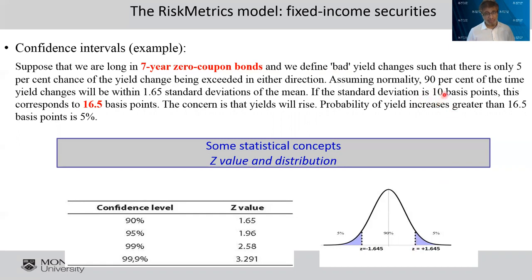Now I can transfer this to percentages, which means how much the yield can change with this confidence. I'll just give you an example of the values: for 90% it is 1.65, 1.96, 2.58, and we are talking about two tails.